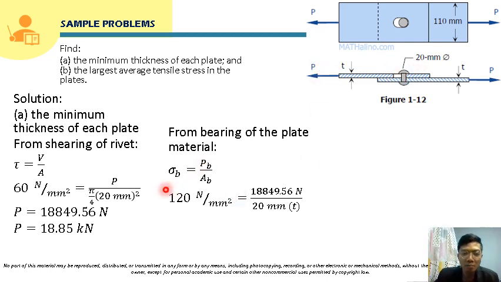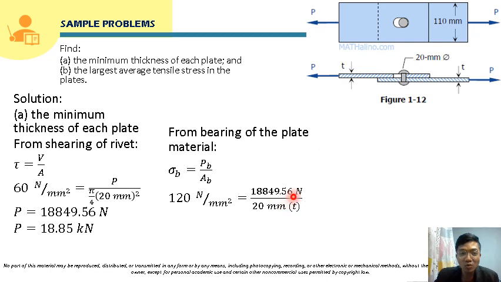So we will use the P that we solved here, which is 18,849.56 Newton. We substitute that here. Our bearing area here will be the projected area. The projected area of the rivet will be the diameter of the rivet, which is 20 millimeter, times the thickness of the plate.